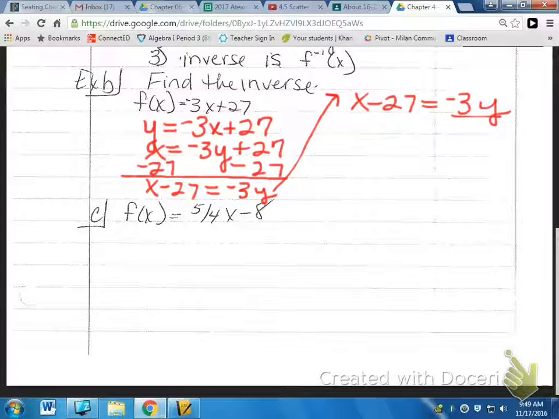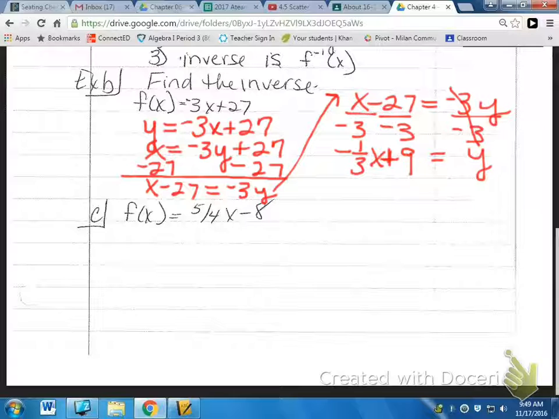Divide everything by negative 3. That means every term. So that cancels out. This would become negative 1/3 x, because in front of that x there's a 1 there. It's easier to write it like this, negative 1/3 x plus 9, they're both negative, so it becomes positive 9 equals y.